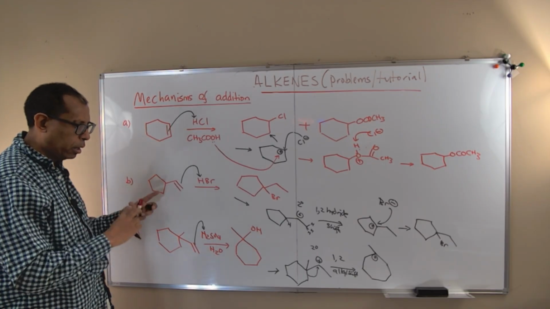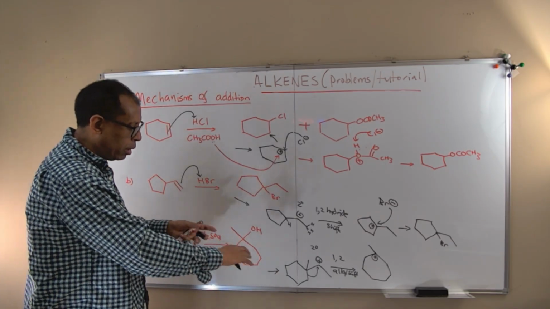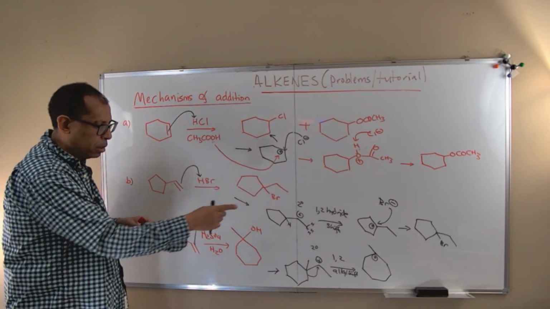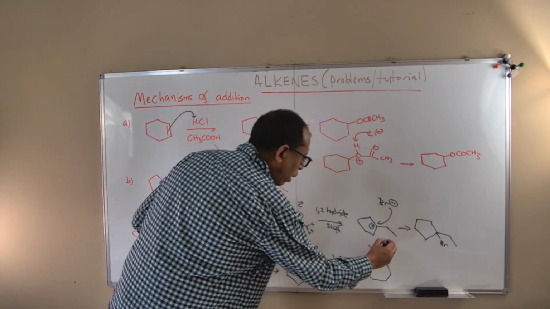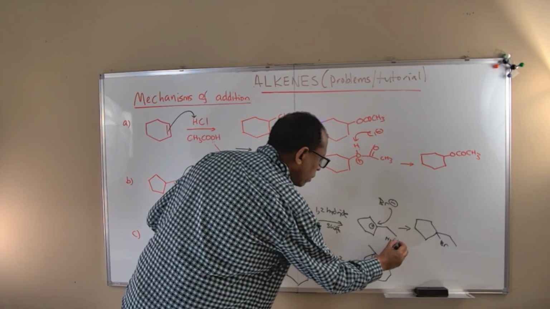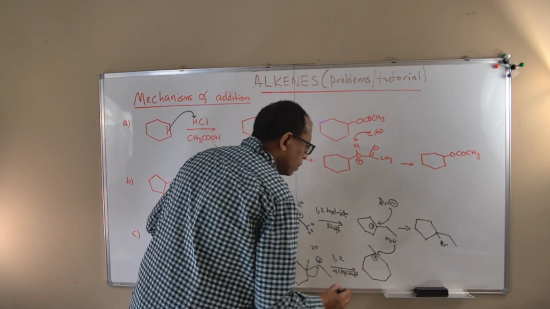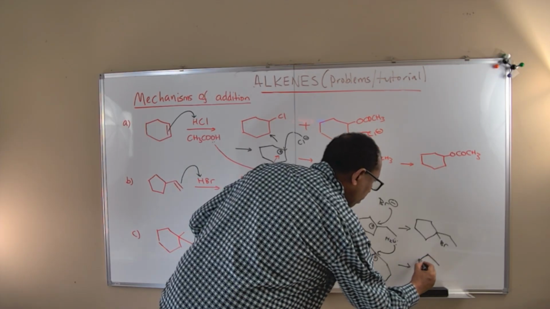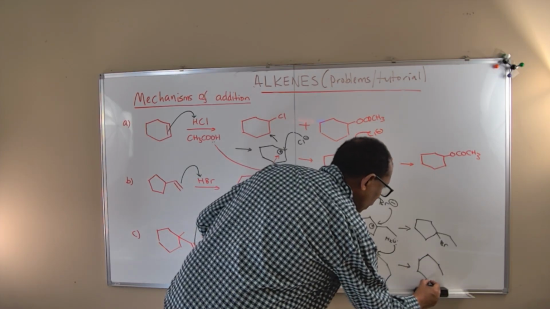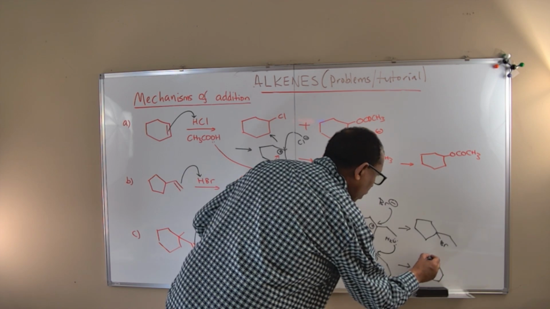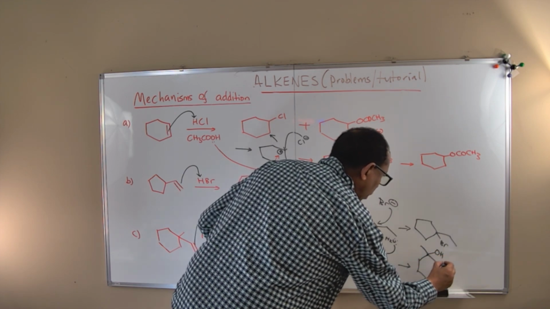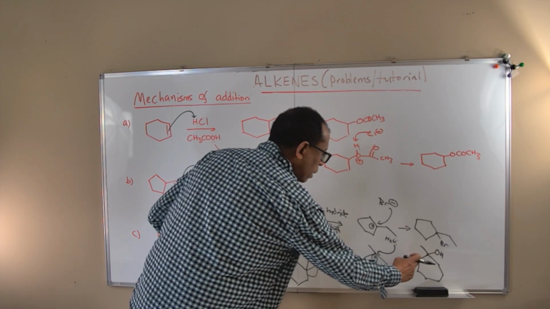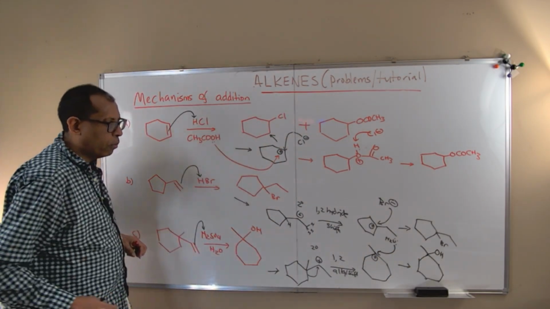You should imagine the 7-member ring. When this moves to this, the ring expanded. Now you have H2O floating around, which attacks this. You would form a 7-member ring alcohol, like what we have done before. I just skipped the proton abstraction step, but that is how this is formed.